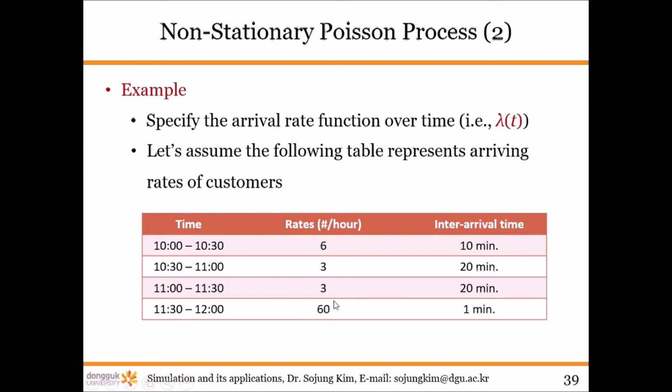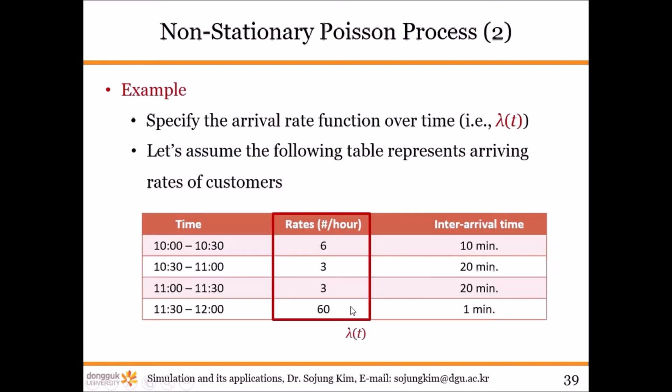So if we have 60 customers or incoming calls per hour, then the mean inter-arrival time should be 1 minute. You can divide 60 by 60 to get the 1 minute right here. And if you divide 60 by 6, you get 10 minutes like this. This is the lambda t.